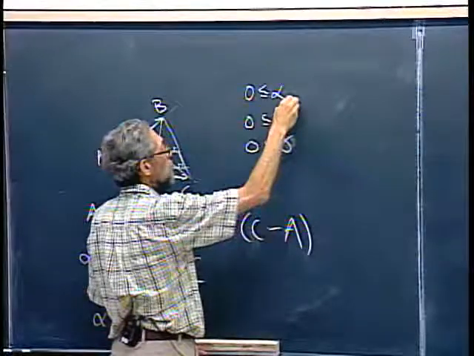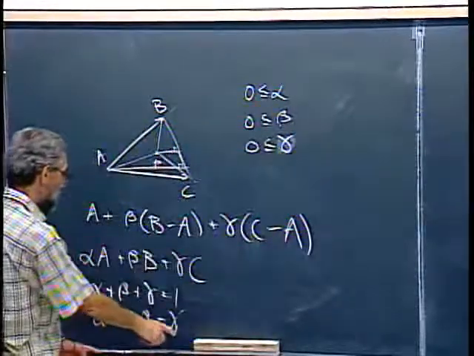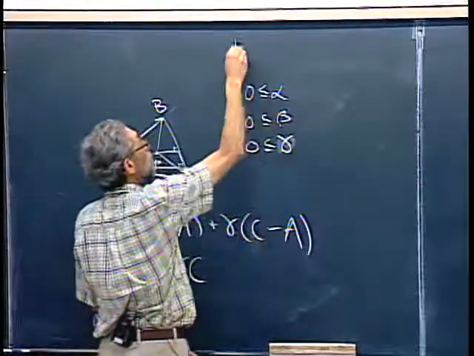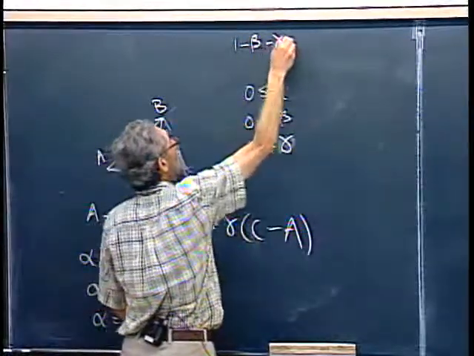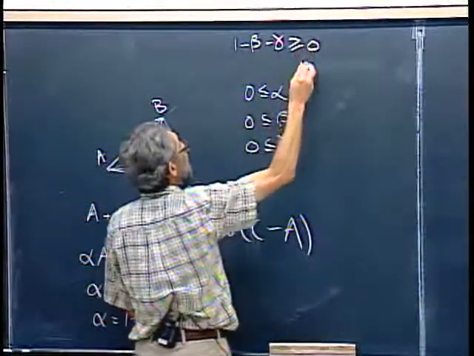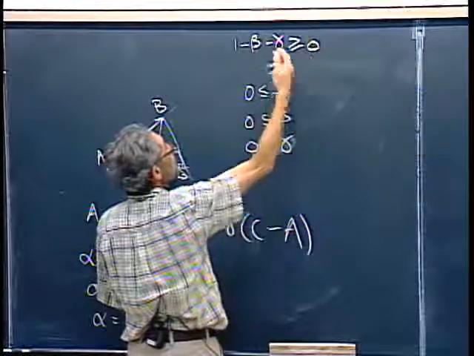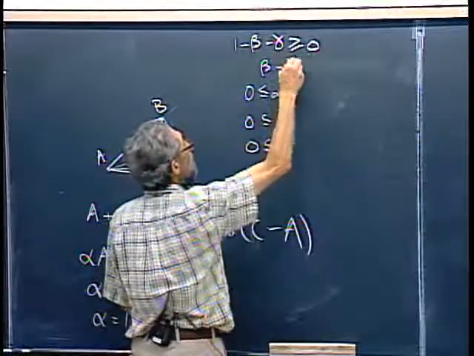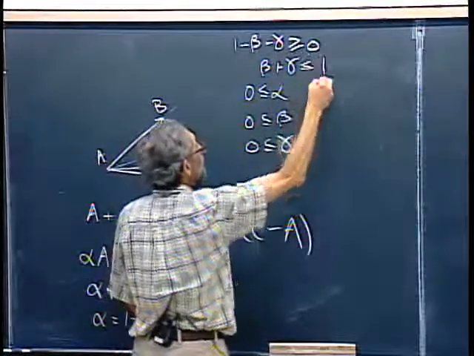And this condition, if alpha equals 1 minus beta minus gamma, says 1 minus beta minus gamma is greater than or equal to 0. That means, if I bring these to the other side, beta plus gamma is less than or equal to 1.